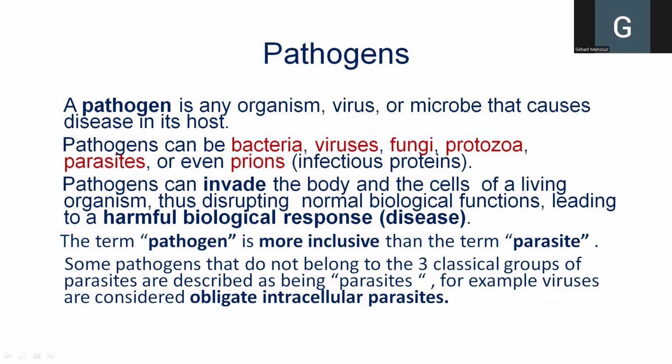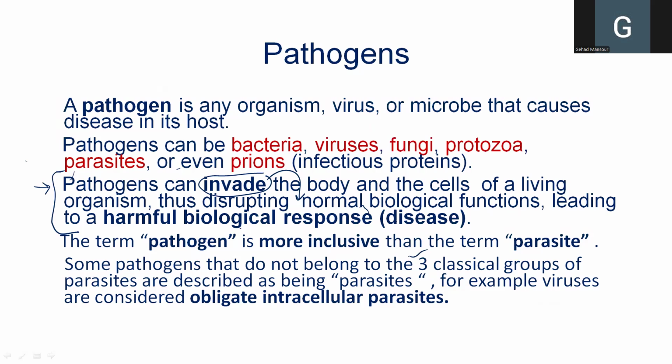In this slide, of course, we talked before about the characteristics of the pathogens. They can invade or penetrate the body cells, therefore affecting your normal biological functions and resulting in a disease. So as we said before, you might be asked to define a pathogen, and this is the definition. It should include the term invade.